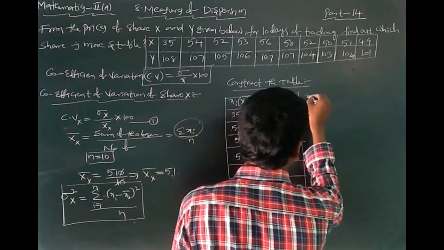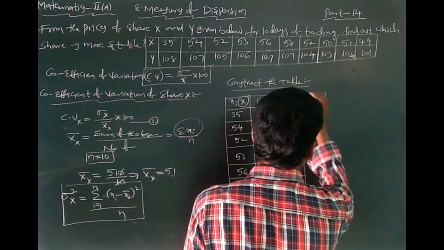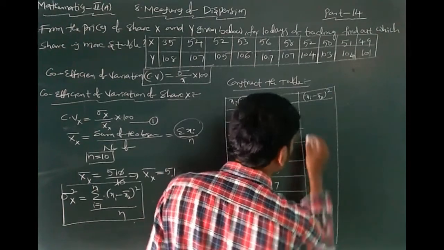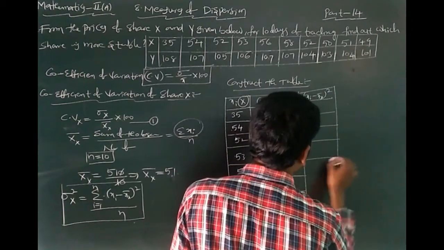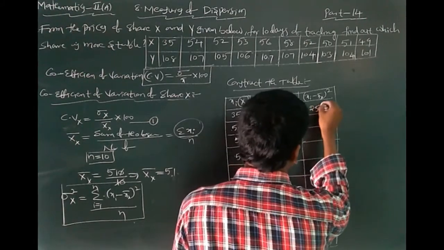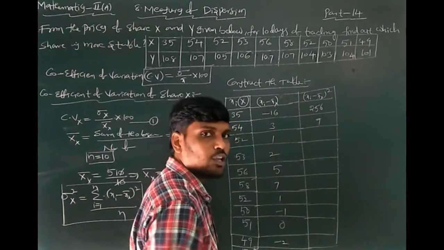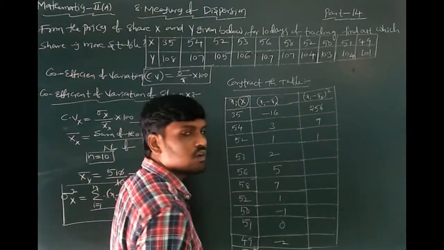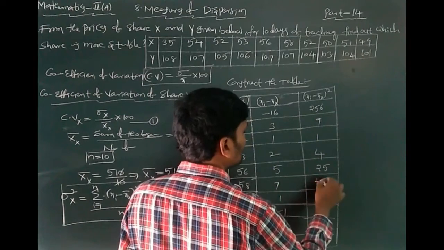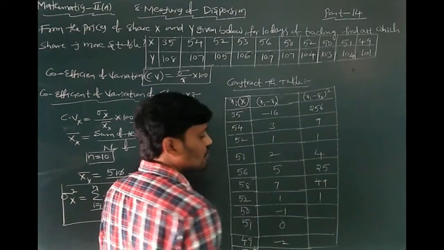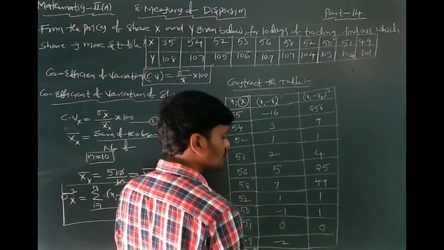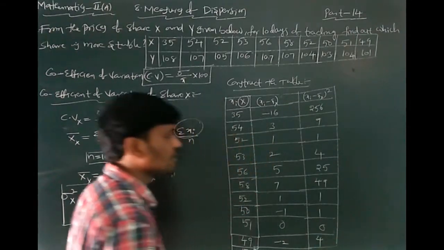After that, write xi minus X bar whole square values. Minus 16 square is 256. 3 square is 9. 1 square is 1. 2 square is 4. 5 square is 25. 7 square is 49. 1 square is 1. Minus 1 square is 1. 0 square is 0. Minus 2 square is 4.